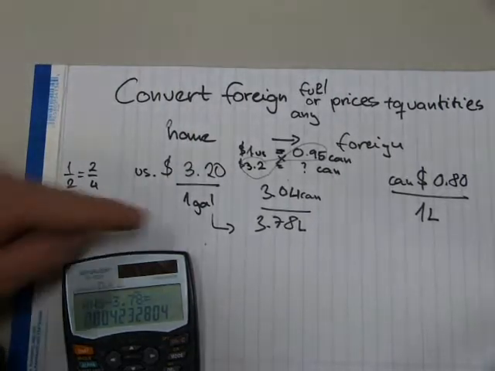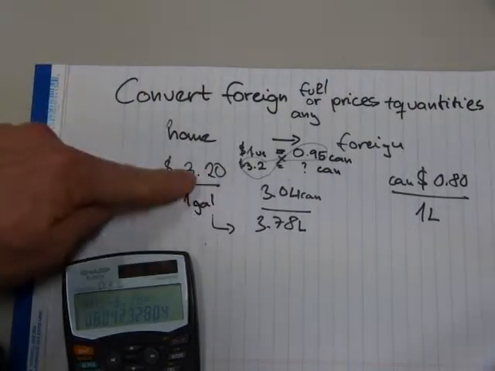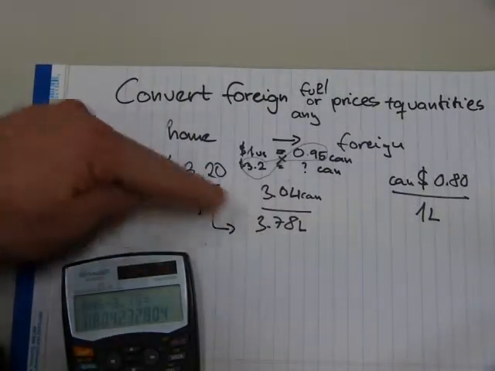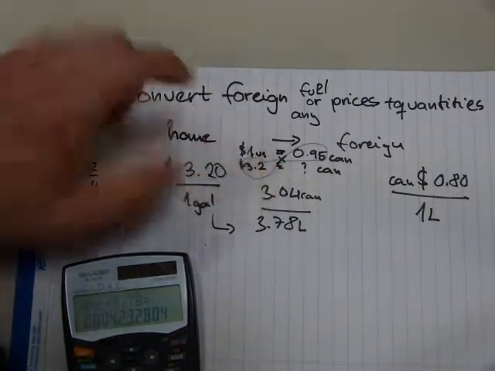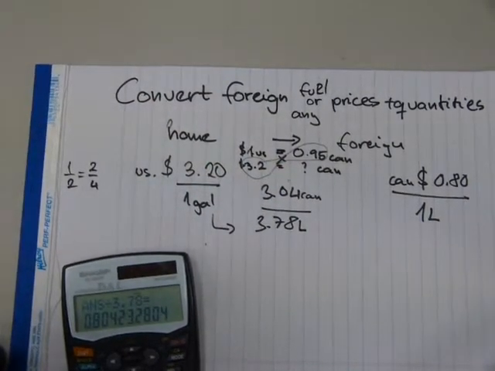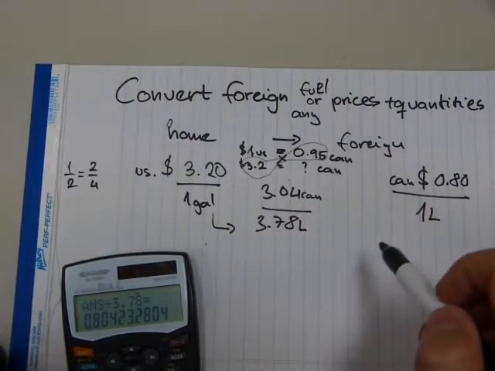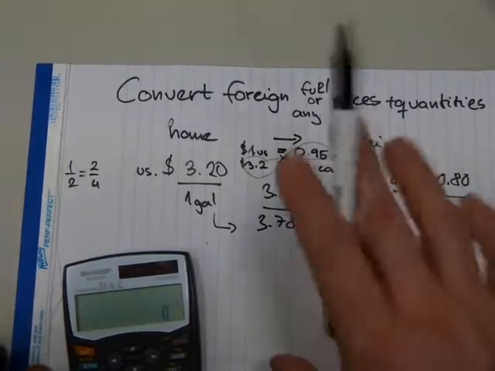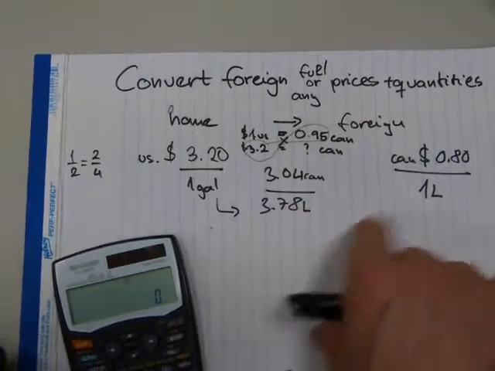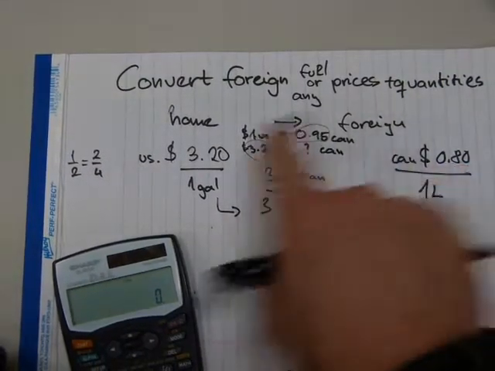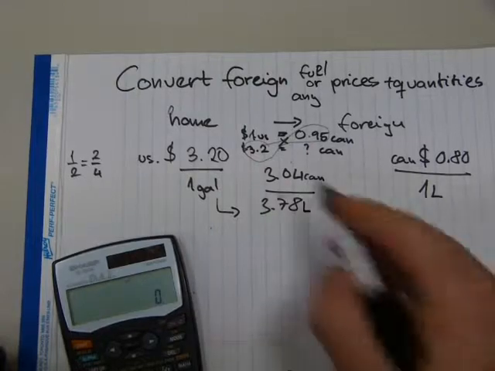And I do recommend that you work with the numerator on its own, work with the denominator on its own, and get it done this way. What we did, how did we get again this 80 cent amount? If we just do the arithmetic, just the numbers, how did we get 0.8 starting with 3.2?